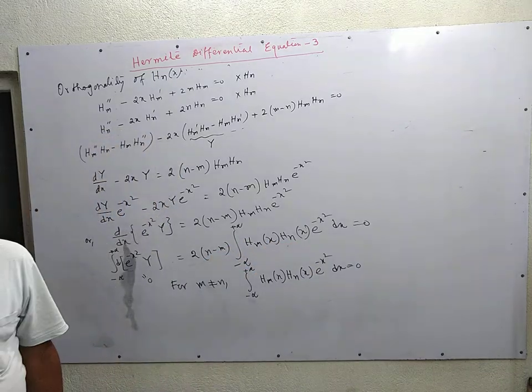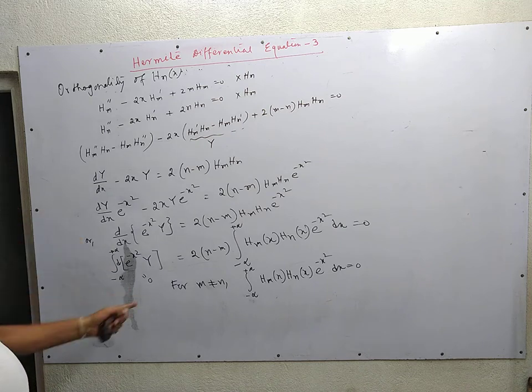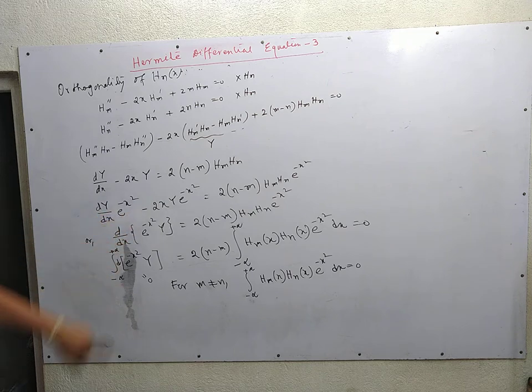So the normalization condition, that is when m is equal to n, cannot be obtained from this expression. So we will use the generating function for the evaluation of the normalization condition. Once again, note the appearance of the integrating factor in the case of Hermite polynomials. These were not there in the case of Legendre.